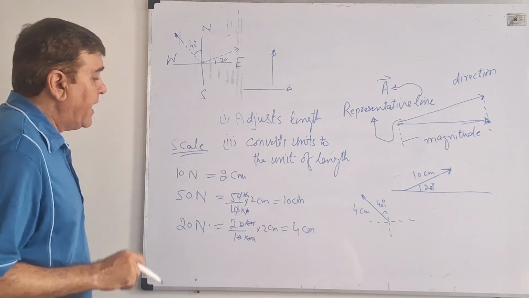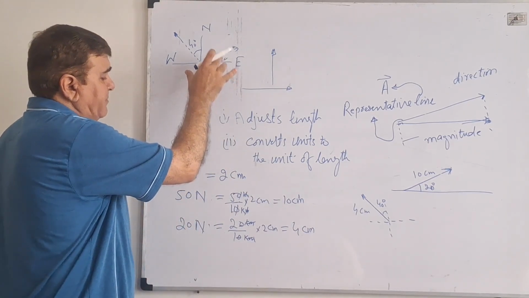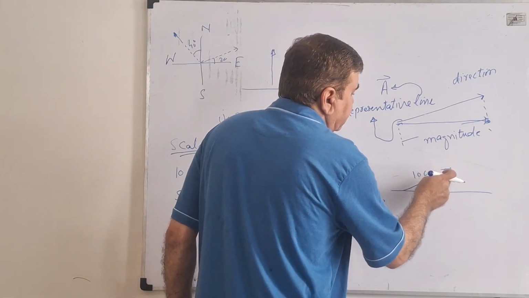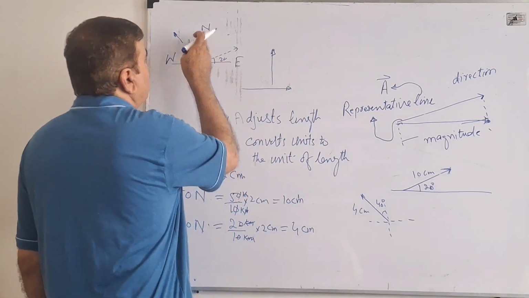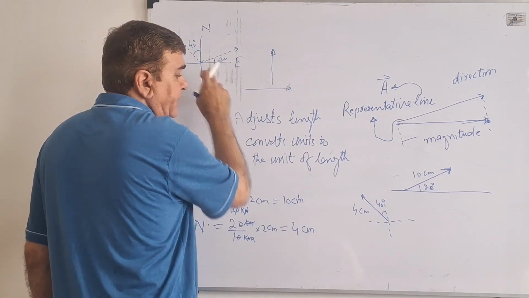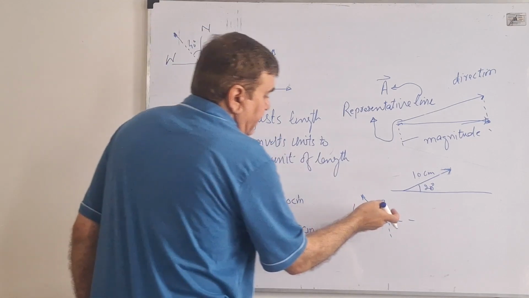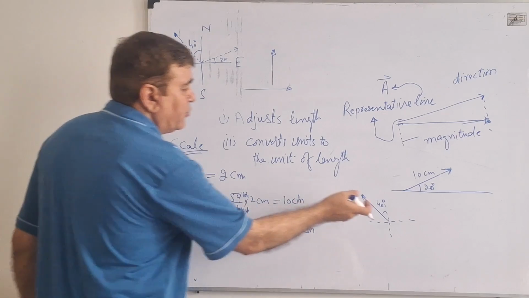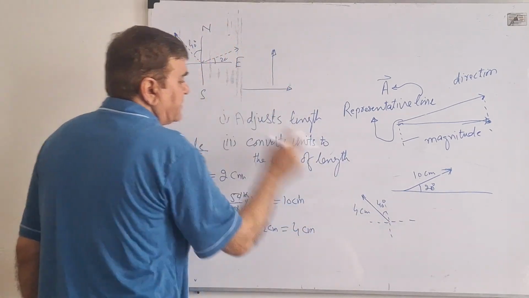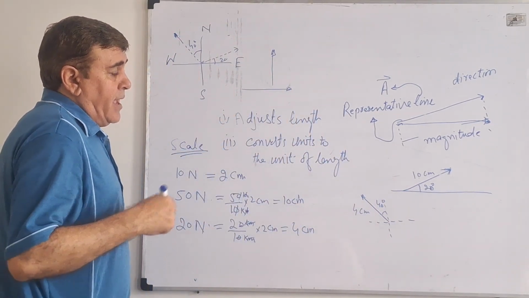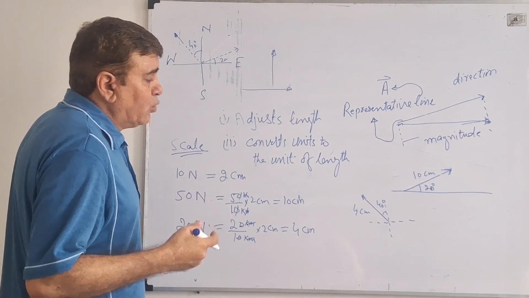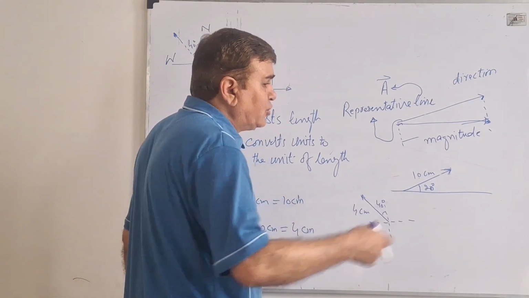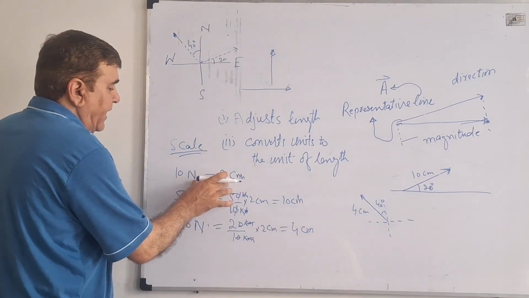If instead of displacement these vectors were forces, then this would be a force of 10 centimeters acting from east to north at 20 degrees, and this would be a force of 4 centimeters, equivalent to 20 newtons, acting from north to west at 40 degrees. And if we need to convert our vectors back to the actual units, we use again the same scale.